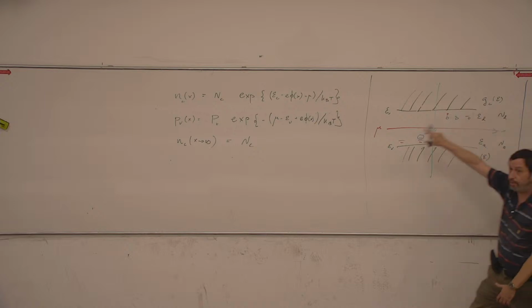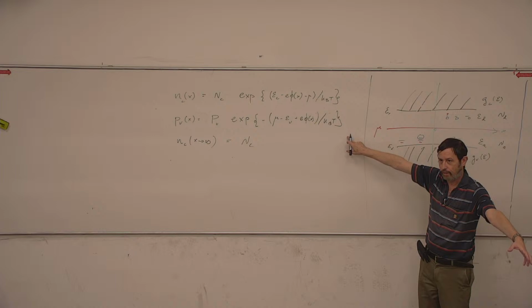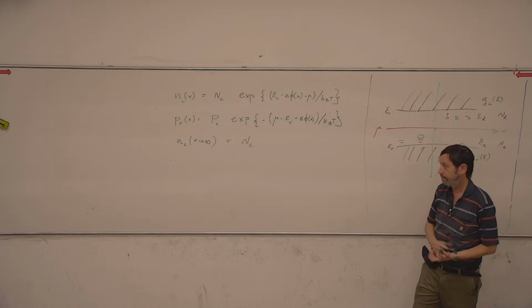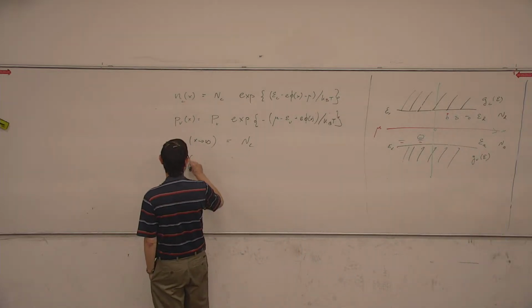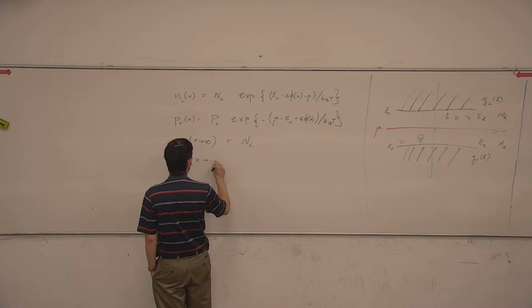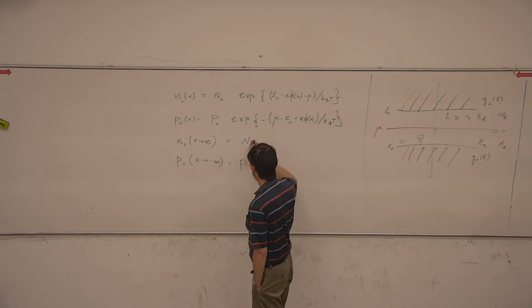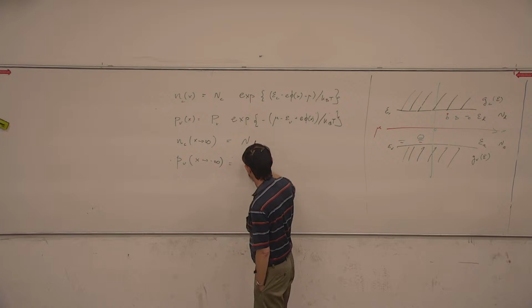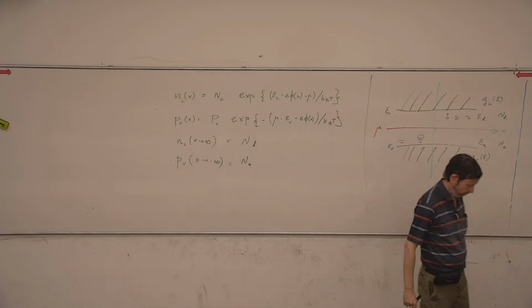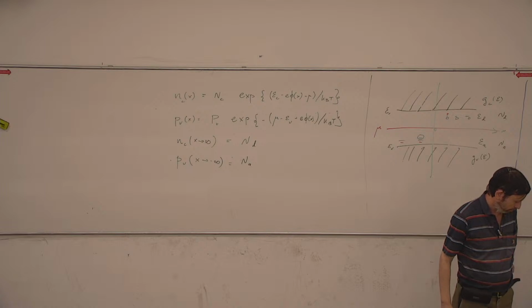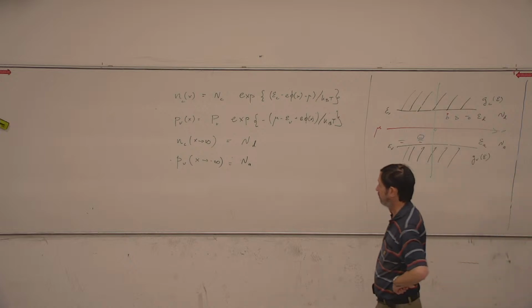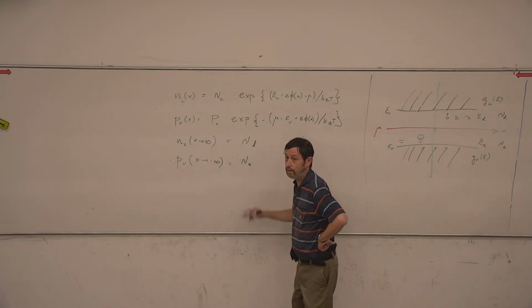It can't move down to the acceptors because they are so far away, it will cost a huge amount of electrostatic energy. And also one additional clue here.